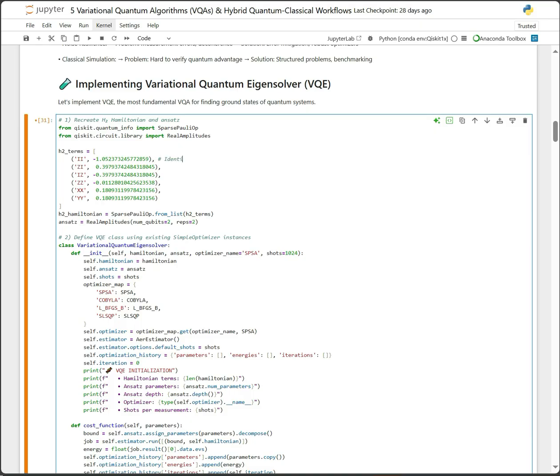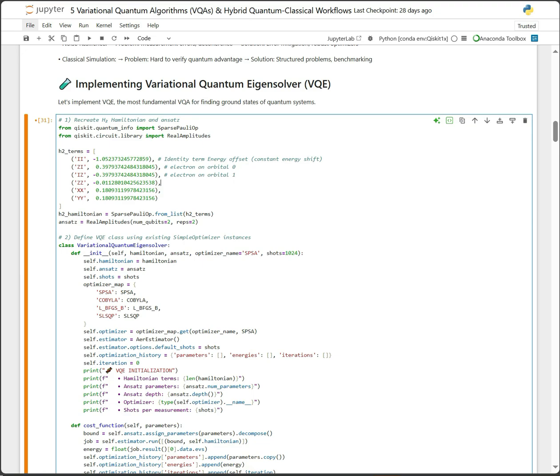Identity term: this is going to be the energy offset, a constant energy shift. This one is related to the electron on orbital 0. This is the energy of the electron on orbital 1.